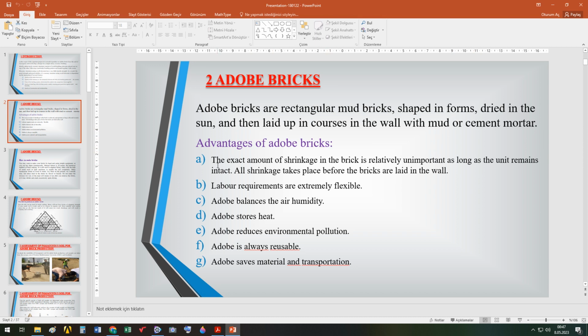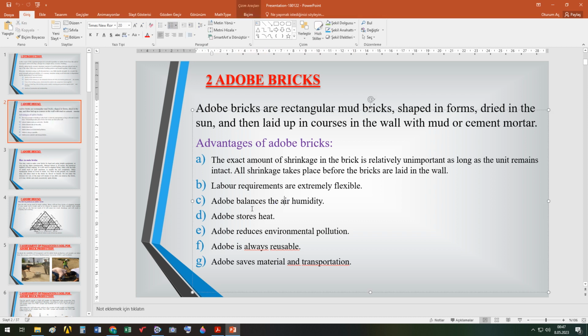Advantages of adobe bricks: the exact amount of shrinkage in the brick is relatively unimportant as long as the unit remains intact. All shrinkage takes place before the bricks are laid in the wall. Labor requirements are extremely flexible. You can build your house by yourself. Adobe balances the air humidity.